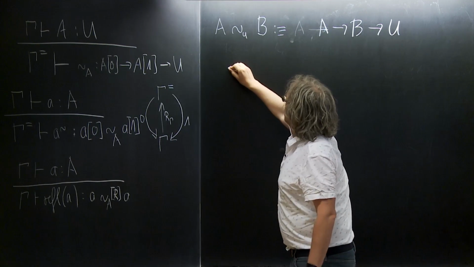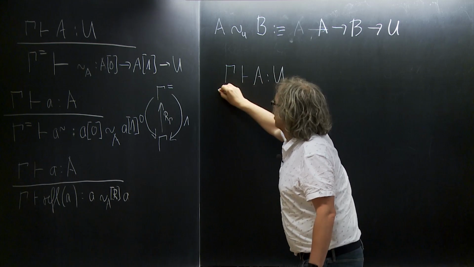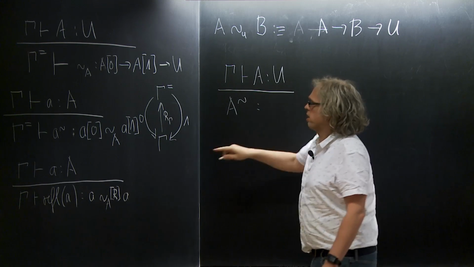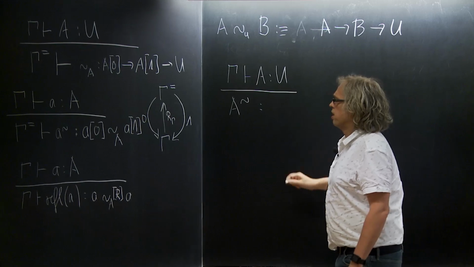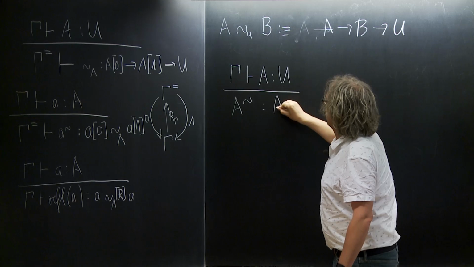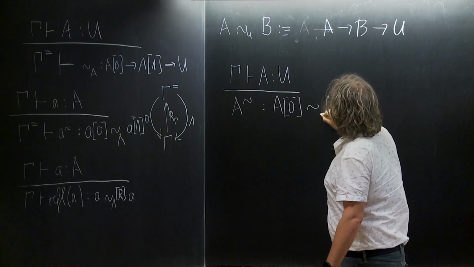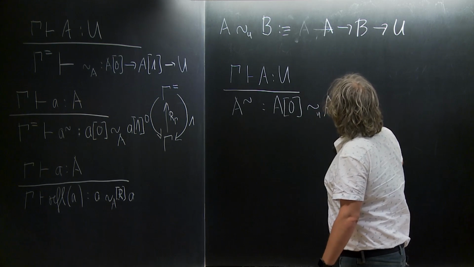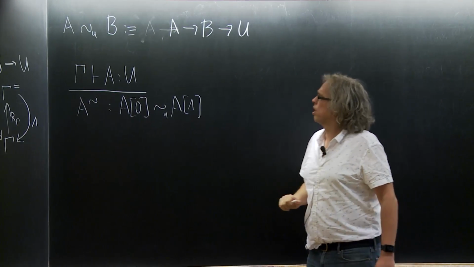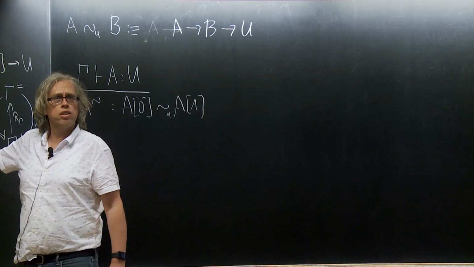If I have gamma, A colon U, I also have to define A tilde, and just applying this formula there, A tilde has to be a proof that A0 is related in U to A1, right? That's just unfolding this for the special case that A is actually the universe.